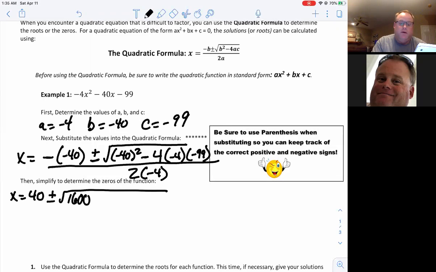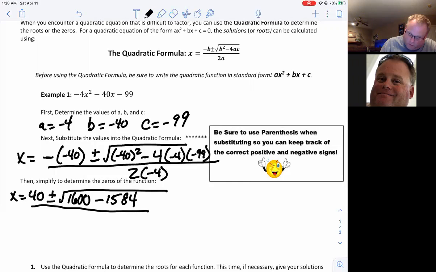Minus 4 times negative 4 times negative 99, I get negative 1,584, because there are 3 negatives there, so it's going to be negative. And that is all over 2 times negative 4, or negative 8.